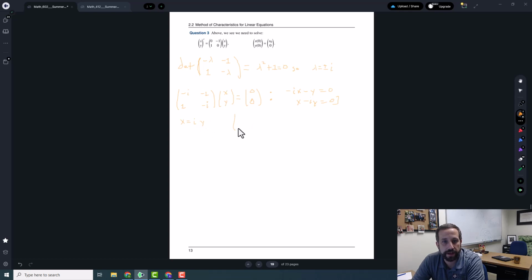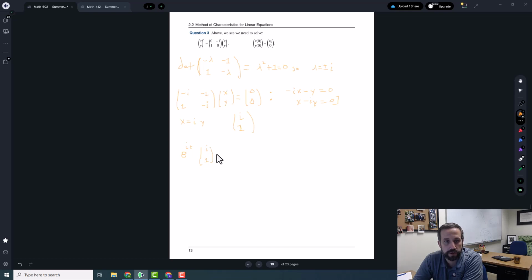So any non-zero vector where the top coordinate is equal to i times the bottom coordinate, any non-zero multiple of this vector, is going to be an eigenvector associated to the eigenvalue i. And so to find the general solution, we're going to look at the real and imaginary parts of e to the it times this vector i, 1.